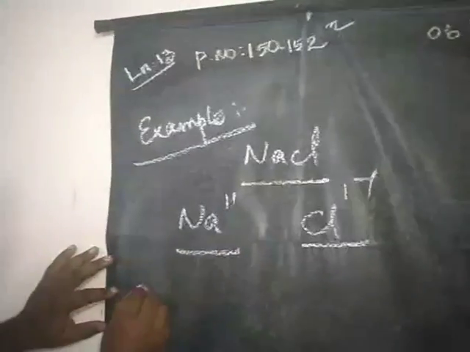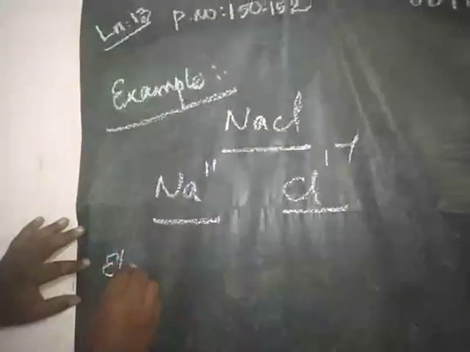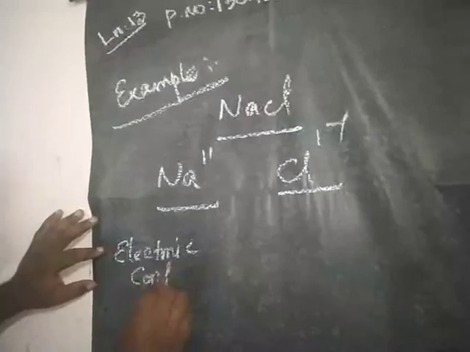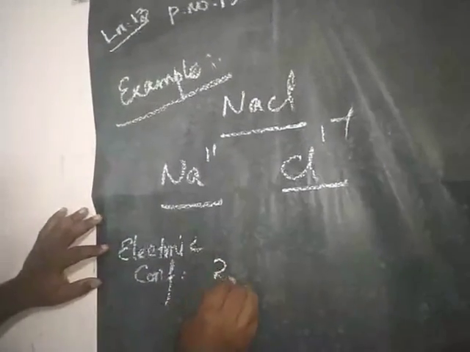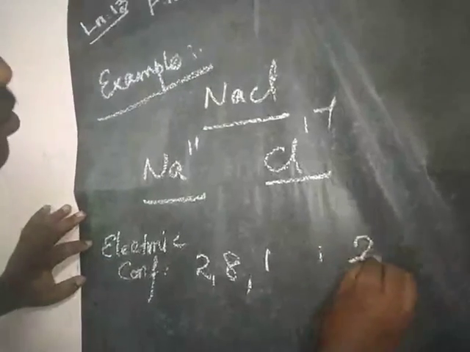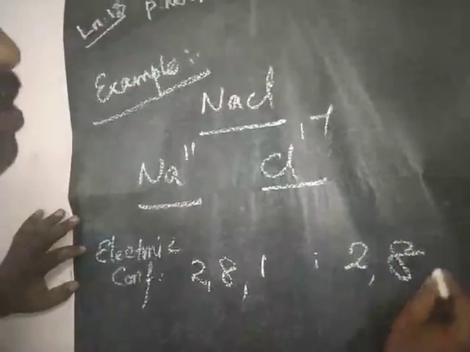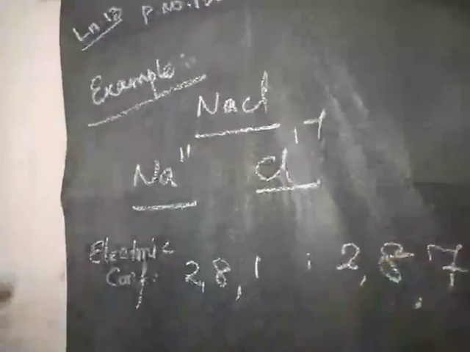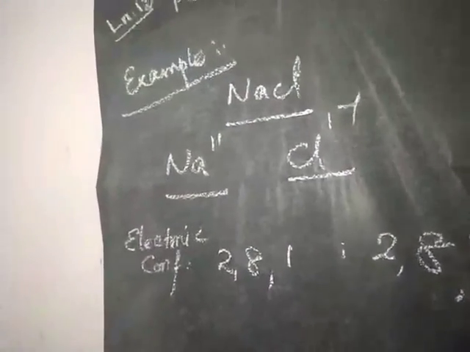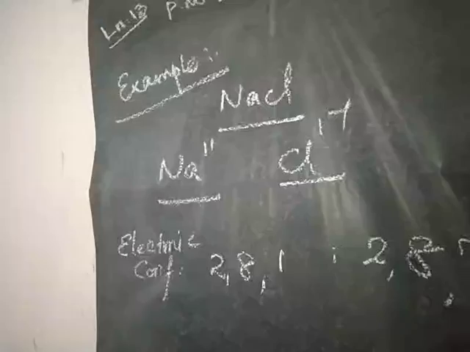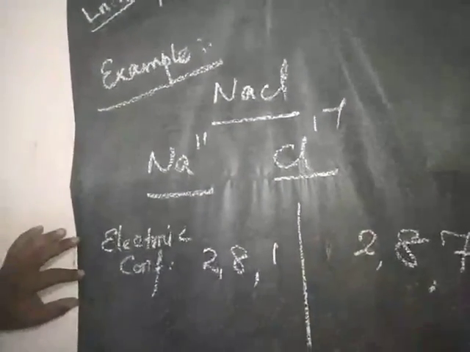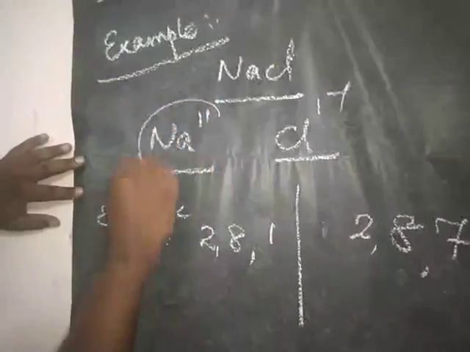So you have to write the electronic configuration. Sodium is 2, 8, 1. Chlorine is 2, 8, 7.